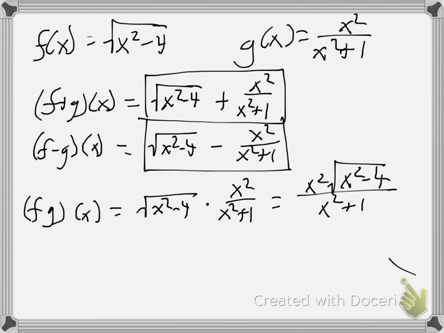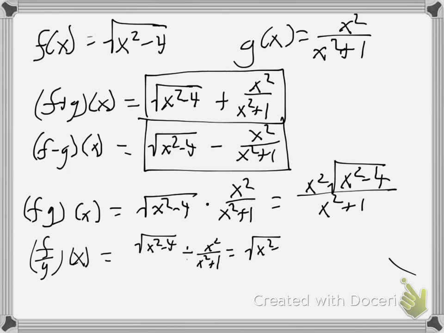And then for my final one, going f over g of x, which would be square root of x squared minus 4 over a superfraction, x squared over x squared plus 1. Now that is hideous. That's awful. I would never encourage anyone to write a problem actually like that. So instead of doing something over something, let's think about it like divide by x squared over x squared plus 1, which really is the same as multiplying by the reciprocal.